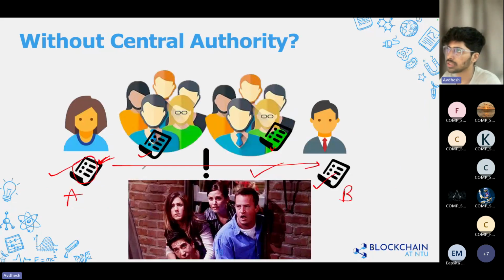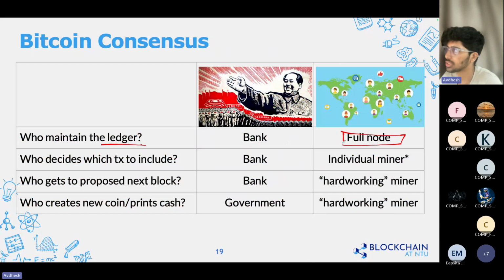Who verifies and checks that everything is up to date in Alice's ledger, in Bob's ledger, in this group 1 ledger, and this group 2 ledger? There is something called the full node system that every blockchain has. What you can think of is a peer-to-peer network.